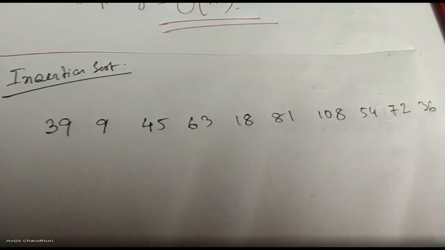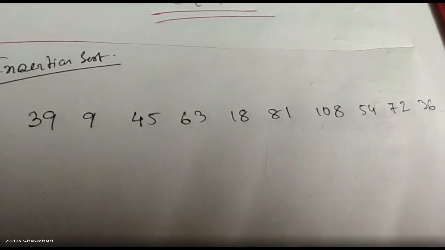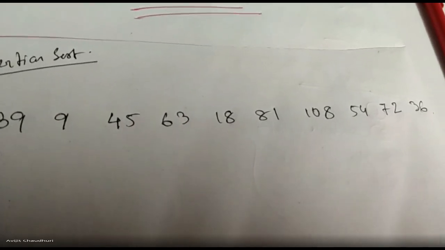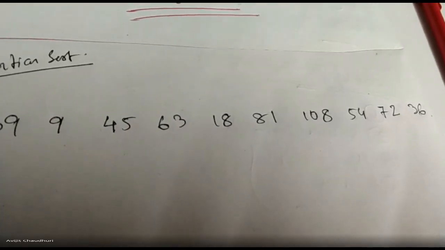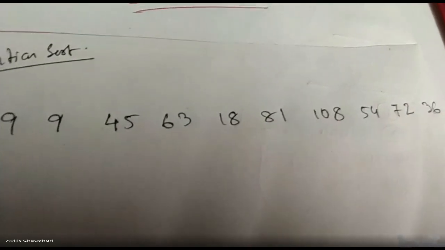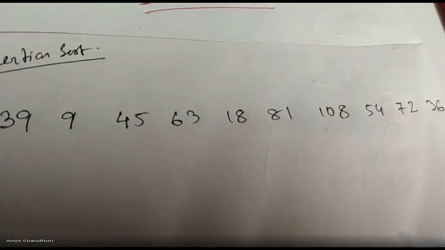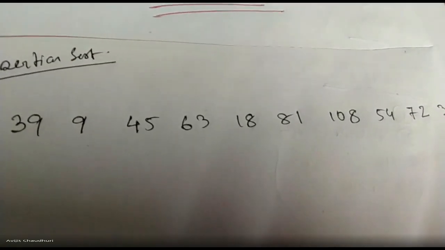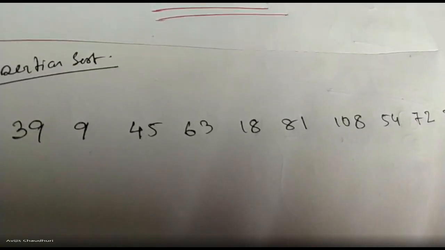Can you see that one? 39, 9, 45, 63, 18, 81, 108, 54, 72, 36. Now, what will be the situation in insertion sort? What will be pass one? This is a very simple sorting algorithm in which the sorted array is built one element at a time.